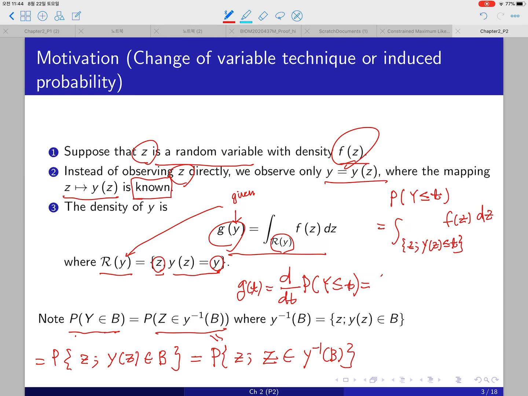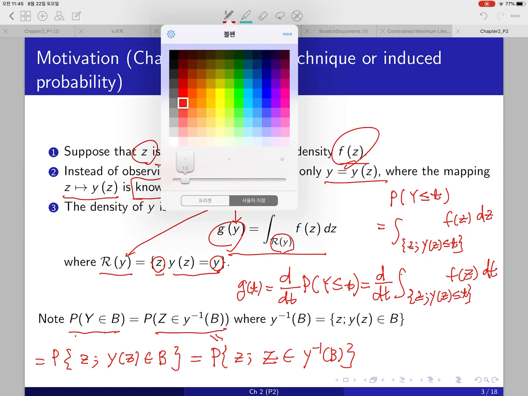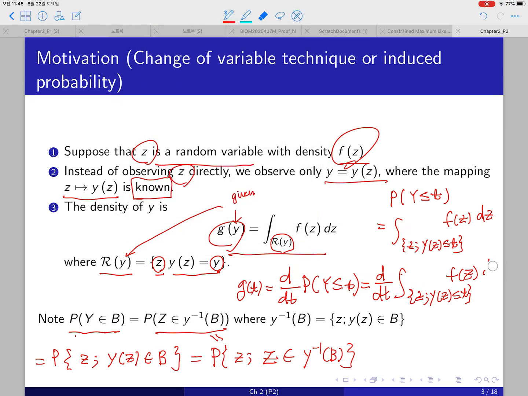So that's basically the derivative with respect to t of this integral. You are interested in computing the differentiation with respect to t, so it only concerns this part, which is basically the boundary of the set.